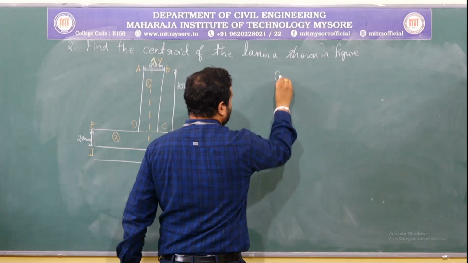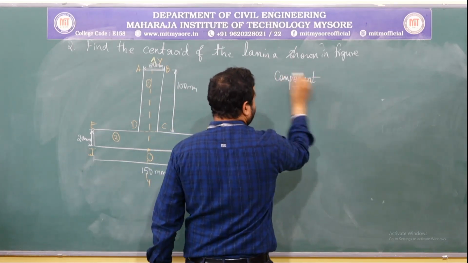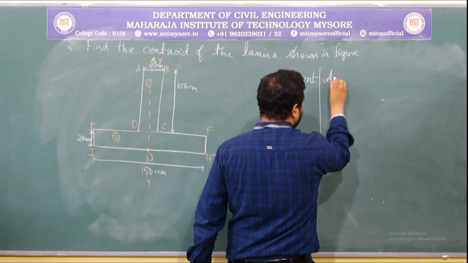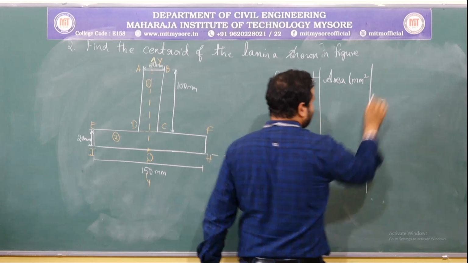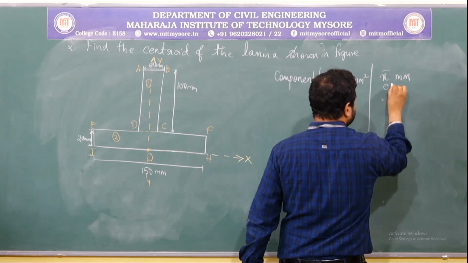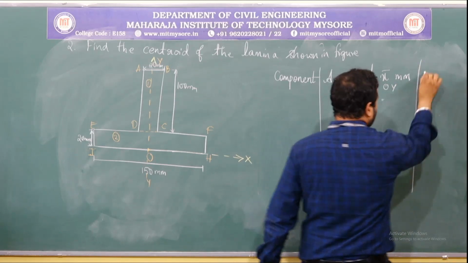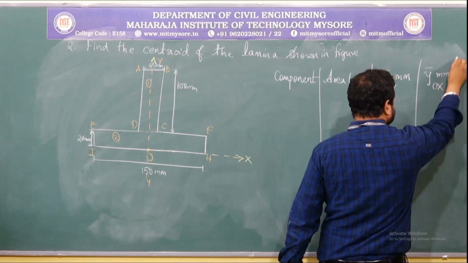So now the first column is component, second column is area, mm square, x bar in mm with reference to OY axis, and y bar in mm with respect to OX axis.